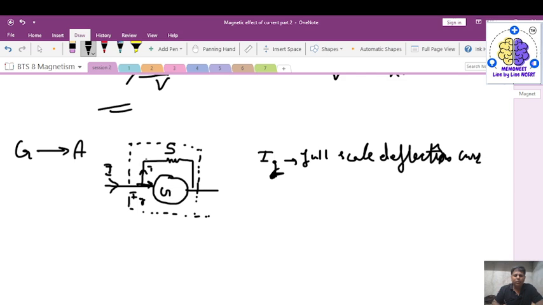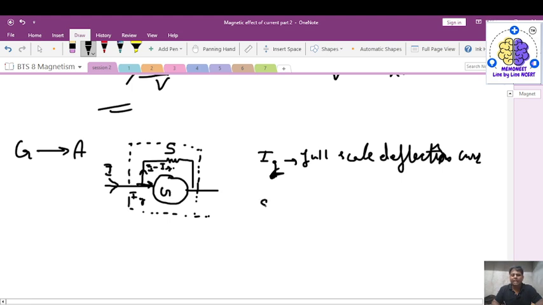Then if Ig is flowing into the galvanometer, the current flowing in the shunt will be equal to I minus Ig. Now, since the shunt and the galvanometer are connected in parallel, the potential drop across the shunt will be equal to the potential drop across the resistance of the coil in the galvanometer.